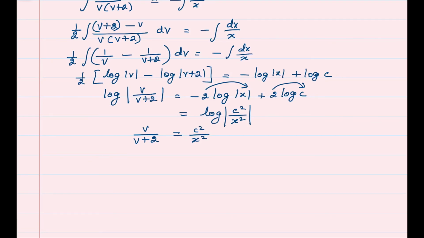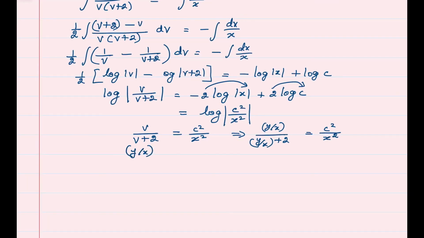Let us substitute for v. v is y by x. y by x divided by (y by x plus 2) equal to c square divided by x square. Taking LCM in the denominator, we get y divided by (y plus 2x) equal to c square divided by x square.